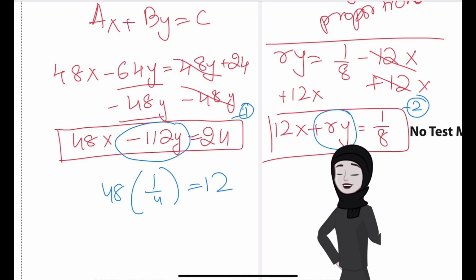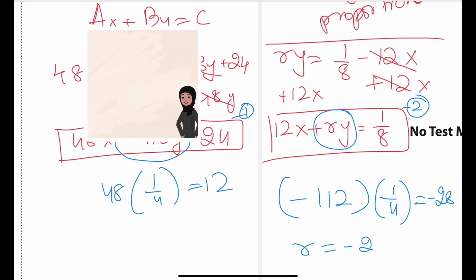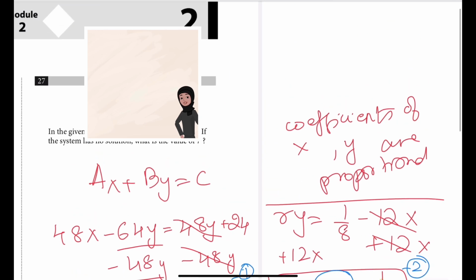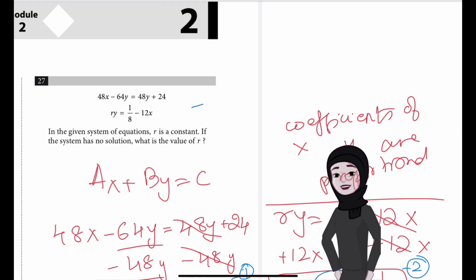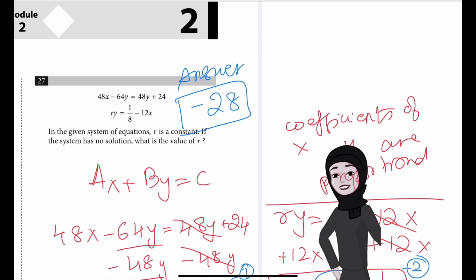So we will perform the same operation for the y term so that we are able to find the value of r. We take negative 112 and multiply it with the quarter and simplify it. So we will get negative 28. That means the value of r is equal to negative 28. So this is our answer. For question number 27, you will grid in negative 28. This is the final answer.